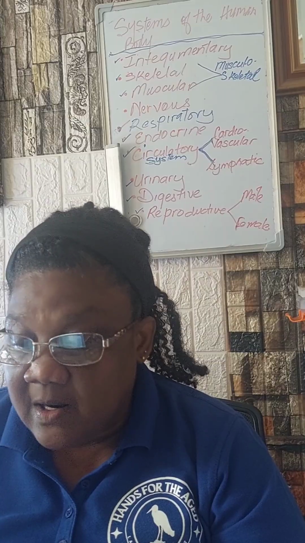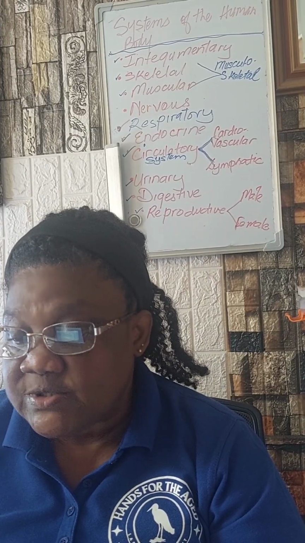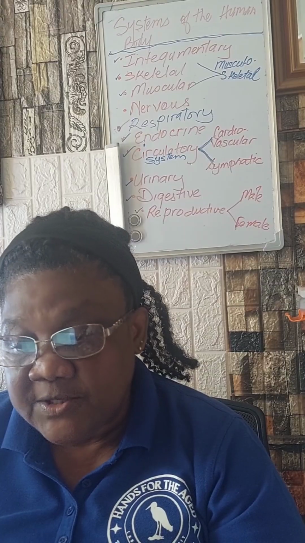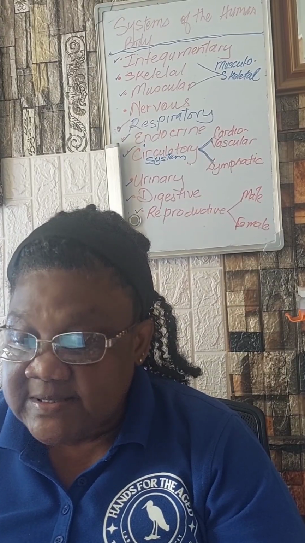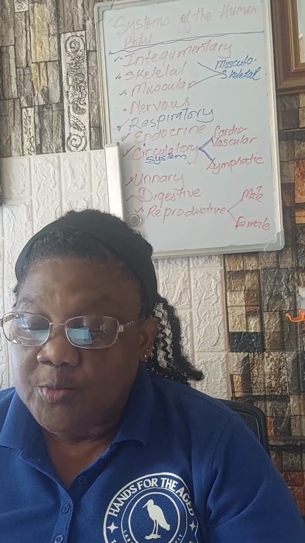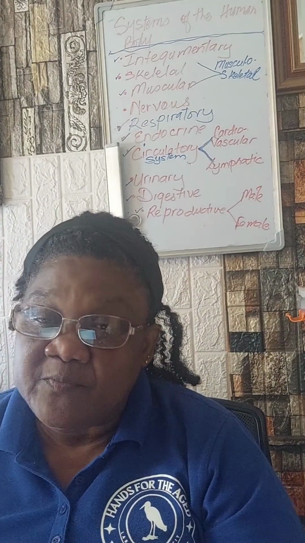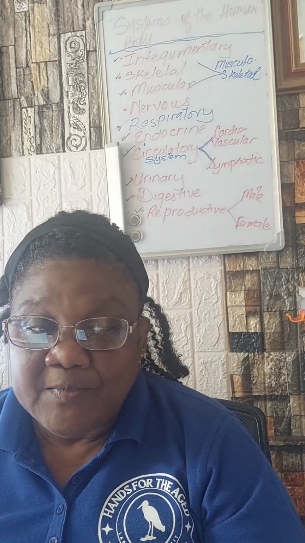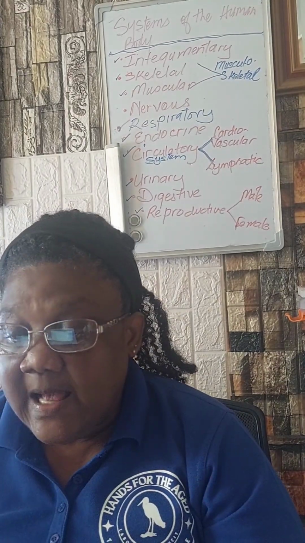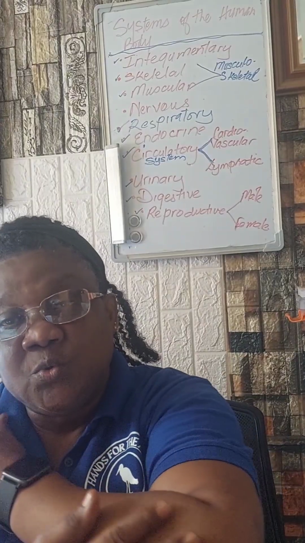Of all the body's organs, the skin is the most inspected and the most exposed to diseases, infections and injury. And remember that we do need the integumentary system, of which the skin is a part, to protect the body, to help maintain a constant body temperature so that temperatures don't fluctuate outside of normal ranges, and to provide sensory information about the surrounding environment, because we do get cold.